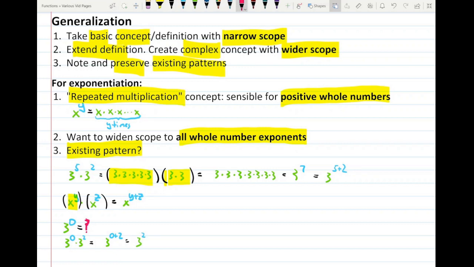Now notice that multiplying 3 squared by 3 to the 0 did nothing, right? That means that 3 to the 0 must be the thing that does nothing when you multiply by it.